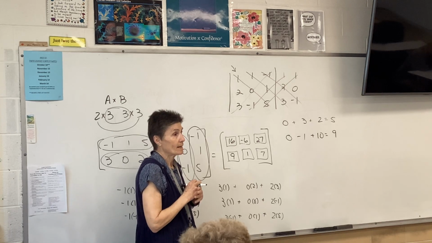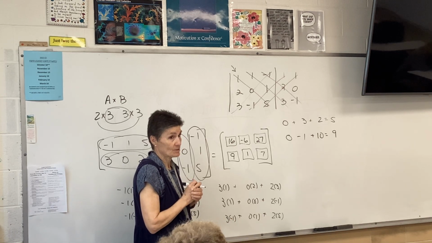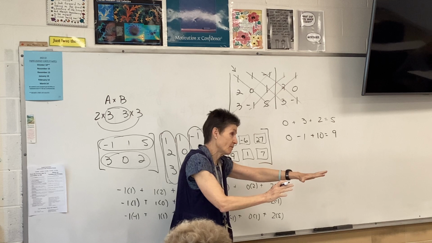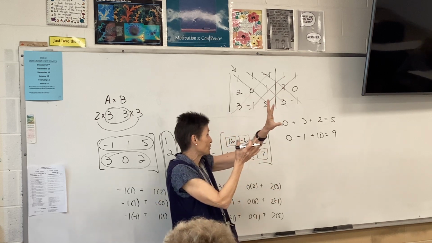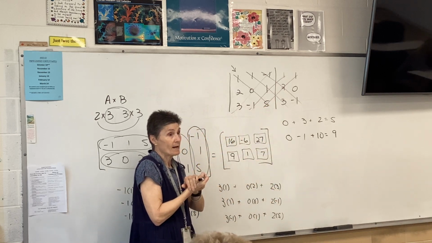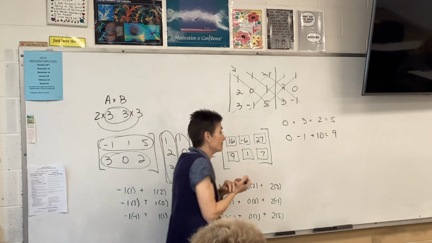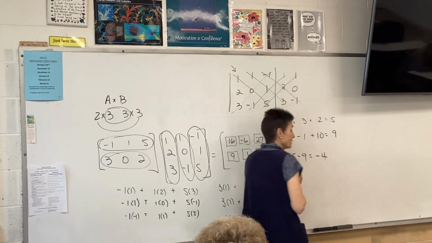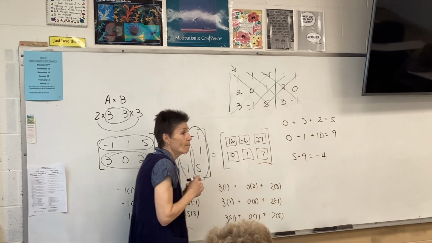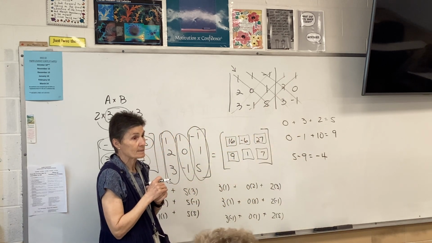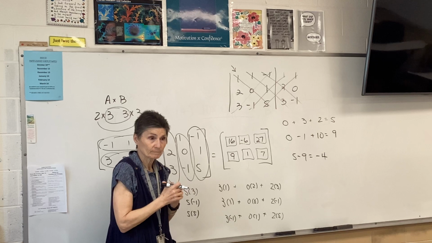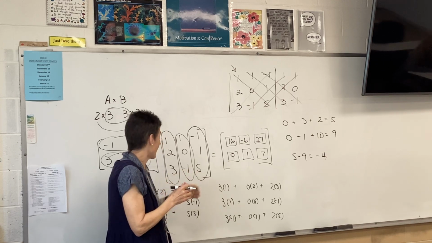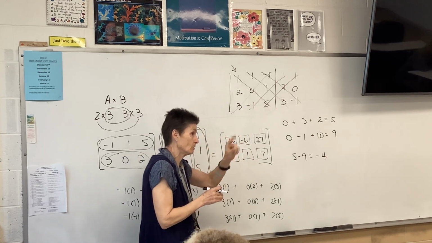Then how do we get our final answer? We got all of these added up to 5, all of these added up to 9. Now we subtract. So 5 minus 9, that's your answer. Your answer is -4. Remember, the determinant is a single number. It's not a whole bunch of numbers.